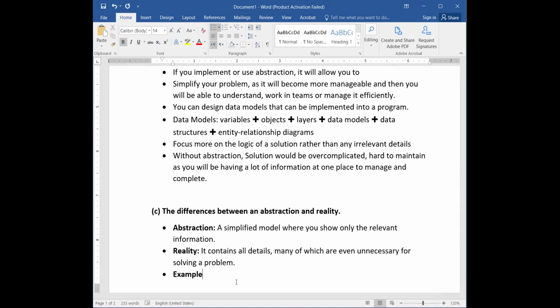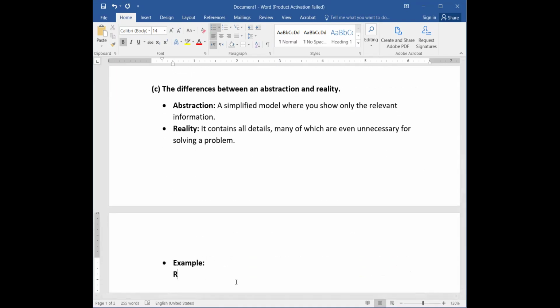So let's take an example. For example, when it comes to reality, we can say it might contain all details, many of which are unnecessary. One example can be a self-driving car that needs to process every camera pixel. This is reality.